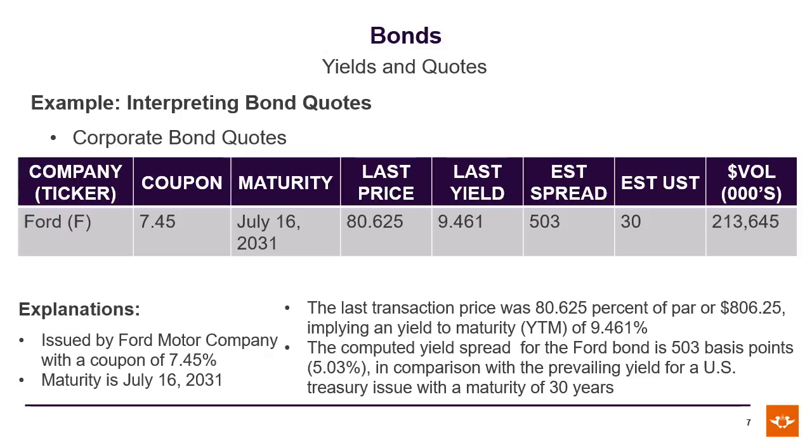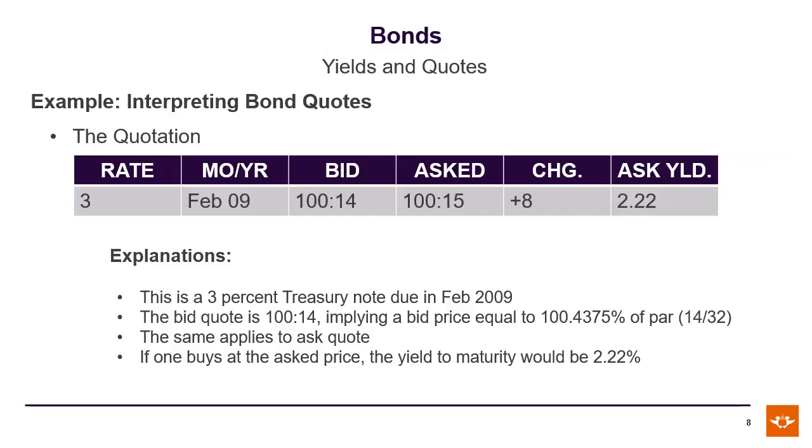Now here we're looking at an example on how to interpret bond quotes. This is a bond that has been issued by the Ford Motor Company with a coupon of 7.45%. Its maturity is July the 16th, 2031. If you look at the last transaction price, this was 80.625% of par.